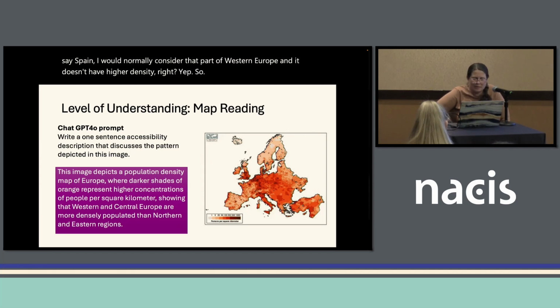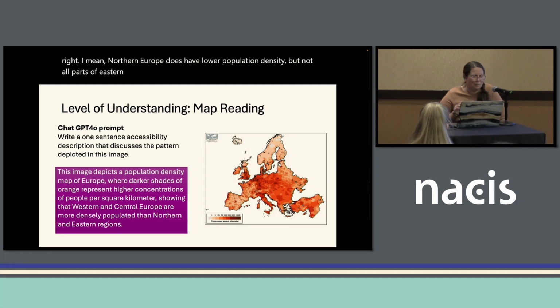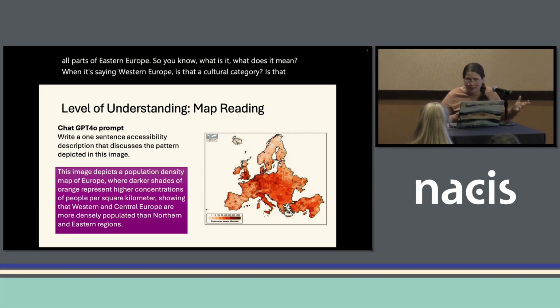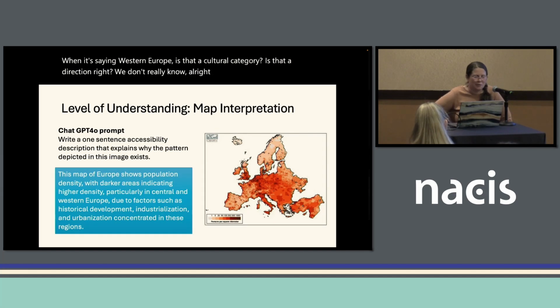And its description about the eastern regions is also not exactly right. Northern Europe does have lower population density, but not all parts of Eastern Europe. What does it mean when it says Western Europe? Is that a cultural category? Is that a direction? We don't really know. All right, so let's look at map interpretation.